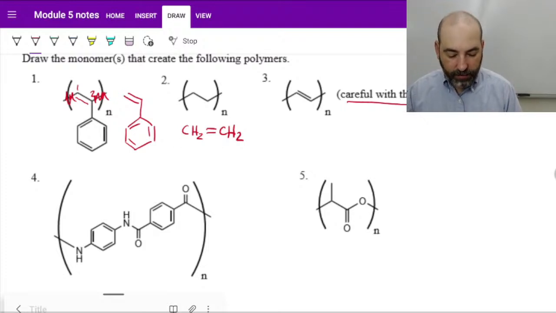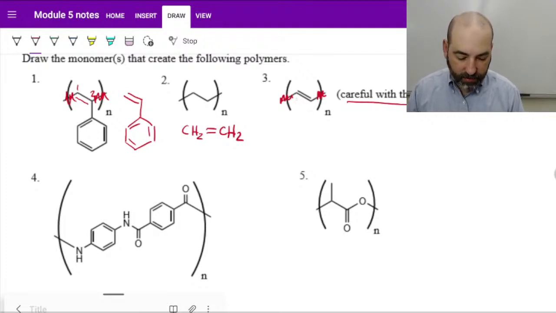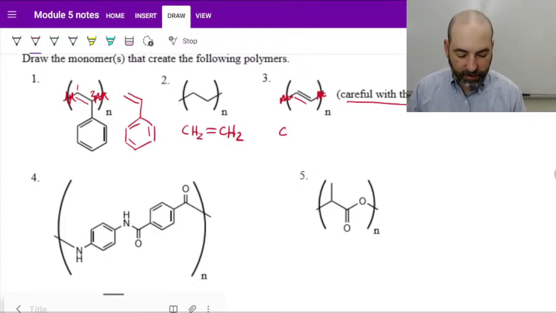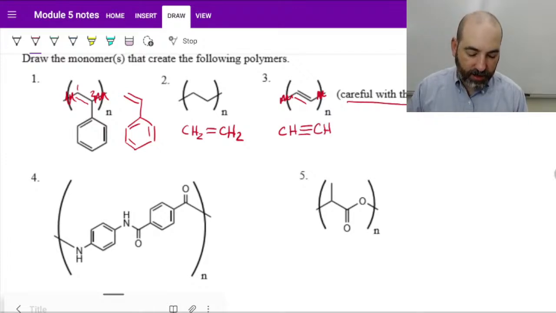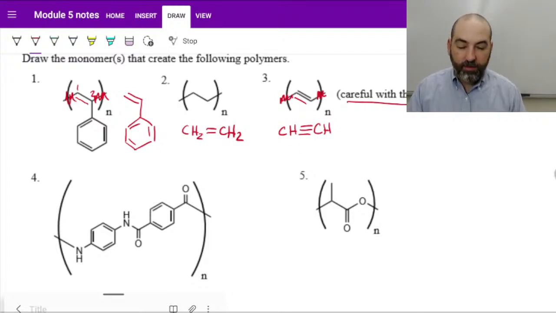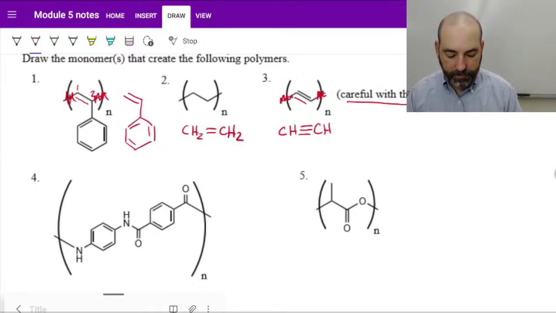If you do the same process, get rid of those links, the other step is adding that extra multiple bond, and adding it here would actually make it into a triple bond. So this one would be CH triple bond to CH. This is called polyacetylene because this molecule is acetylene. So it's a very different polymer. It looks very similar, but if you keep that same process, you'd find the correct monomer there.